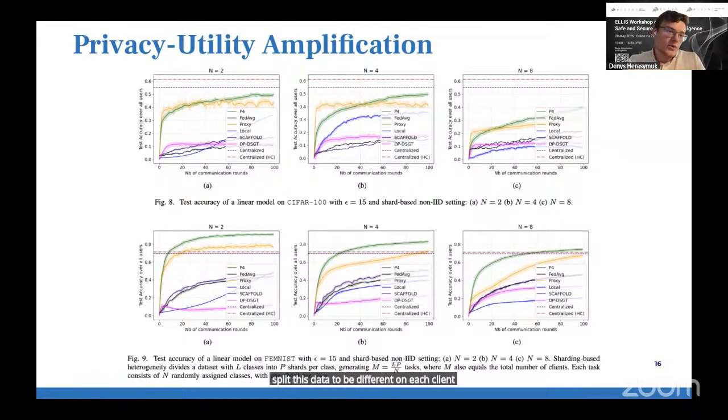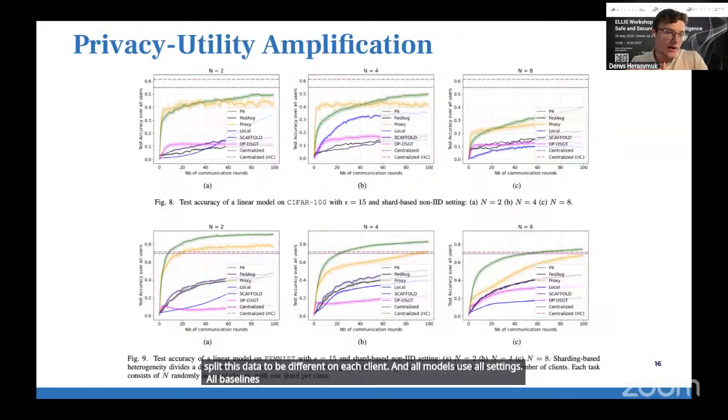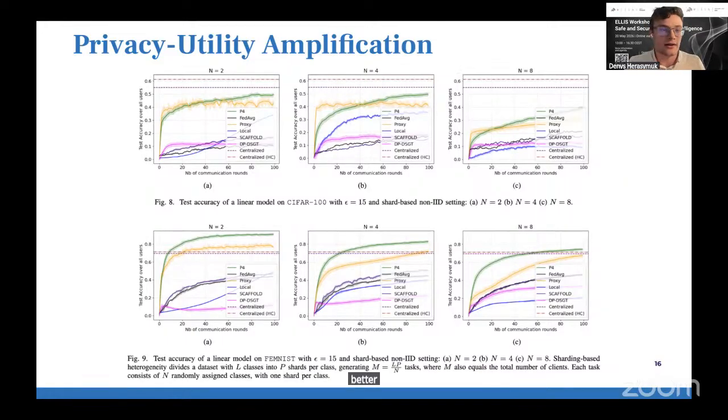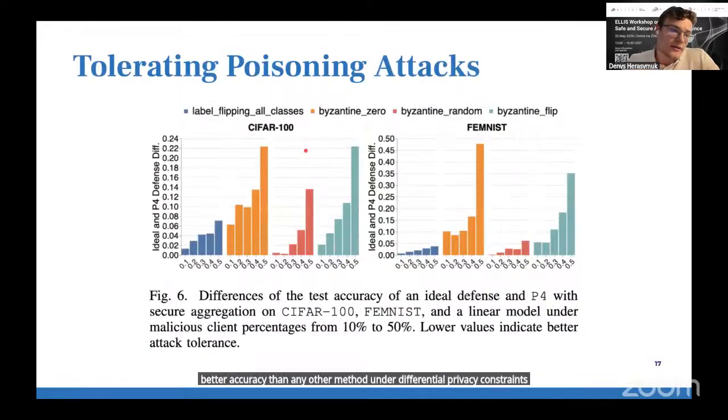And all settings, all baselines use the same differential privacy noise. In this setting, we show that our method is able to achieve better accuracy than any other method under differential privacy constraints.